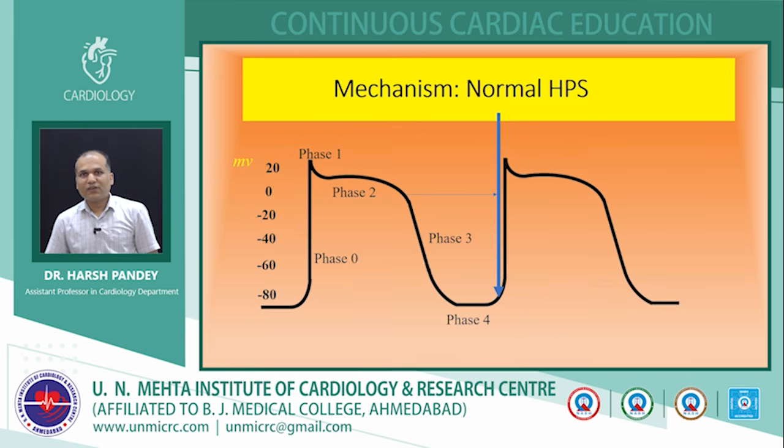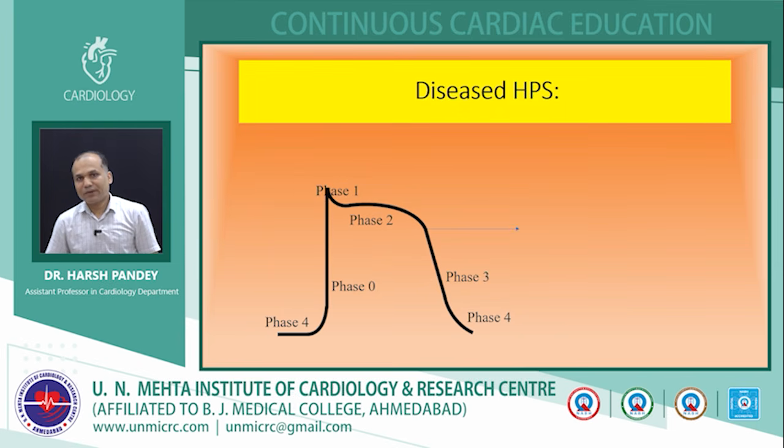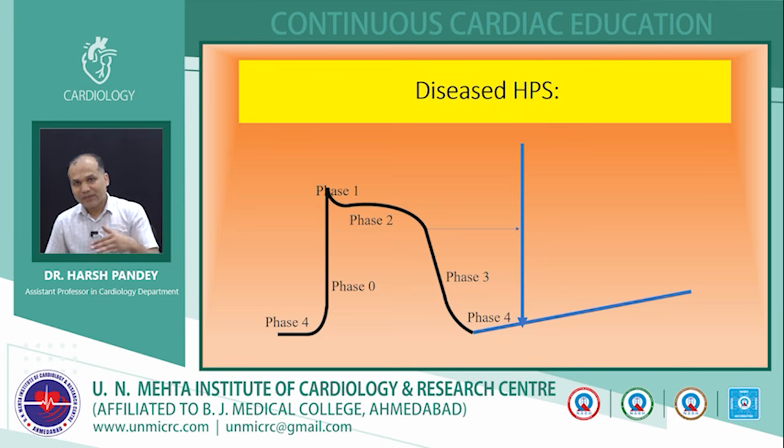So in case of a diseased His-Purkinje system, what is happening? Whenever there is a pause, phase 4 activity of the His-Purkinje system will start. So the phase 4 activity will start here. When phase 4 starts, some sodium channels are being activated. Now whenever the impulse comes to the His-Purkinje system, some sodium channels are already open, so there are not enough sodium channels to depolarize.